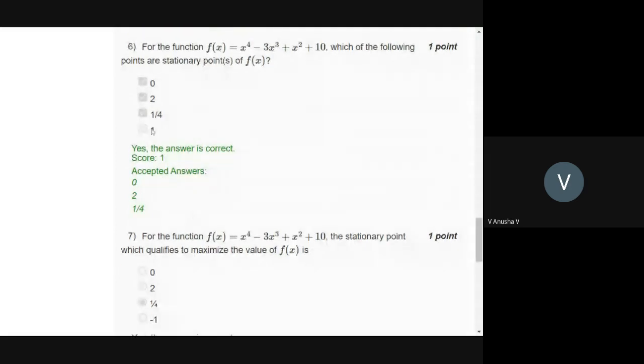Out of these three stationary points, which one qualifies to maximize the value? Please find the second derivative, substitute those values, and see for which you get a value lesser than 0, a negative value. You need to consider those stationary points. Tell me now.